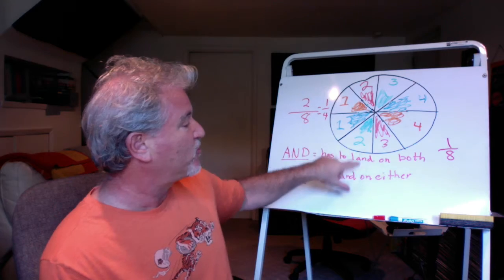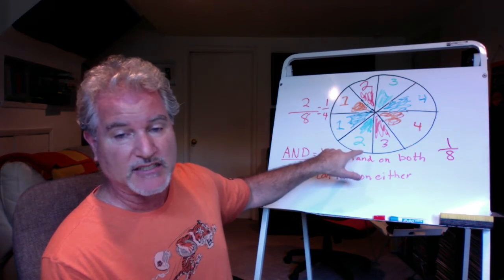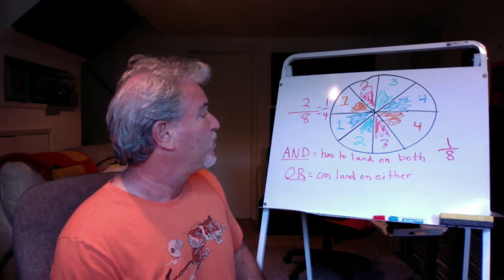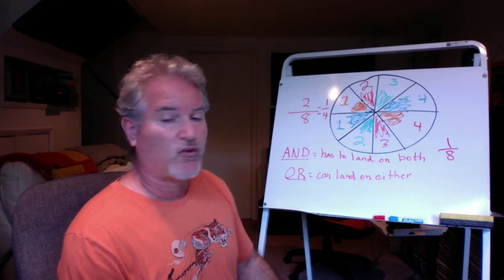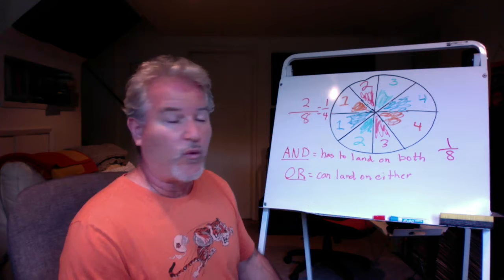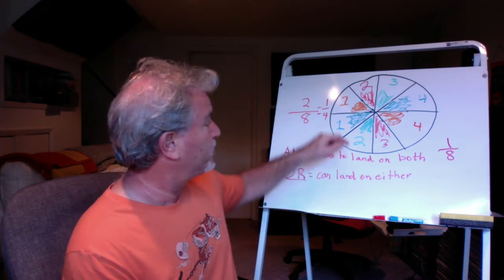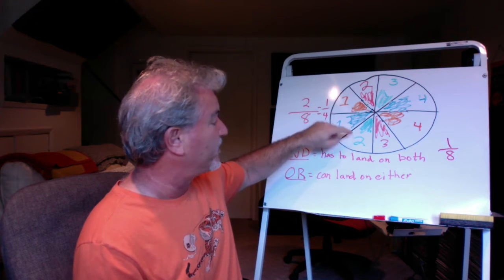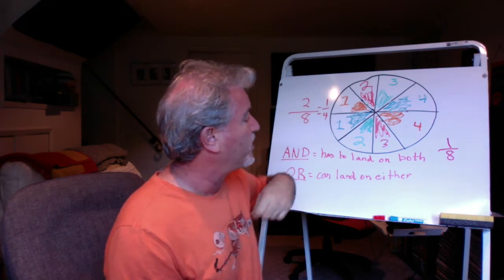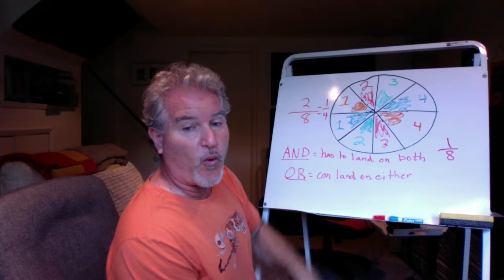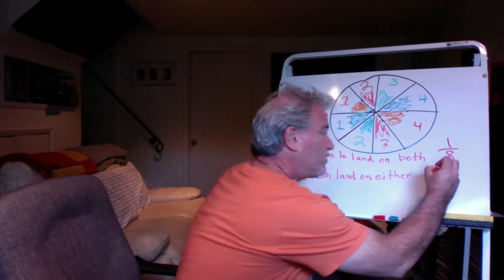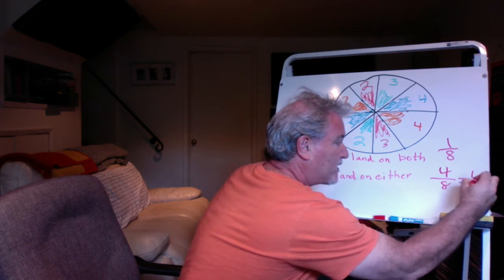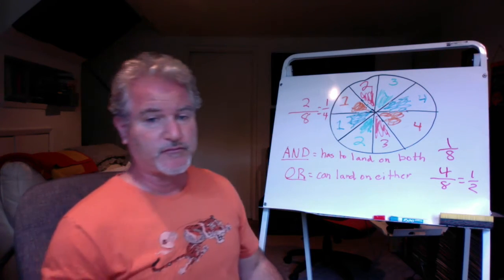"And" means it has to do both of whatever we're asking, and "or" means it could do either. So what's the probability of it landing on a green or a 2? Now we have to count the 2s: there's a red 2 and a green 2. And we have to count the greens: there's a green 2 and a green 3. That means there are 4 possibilities. So my answer would be 4 out of 8, or 1/2 if you want to simplify it.